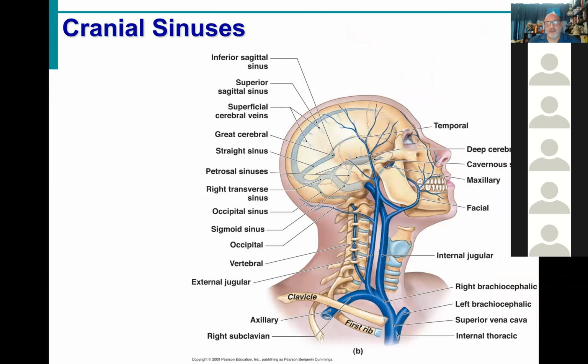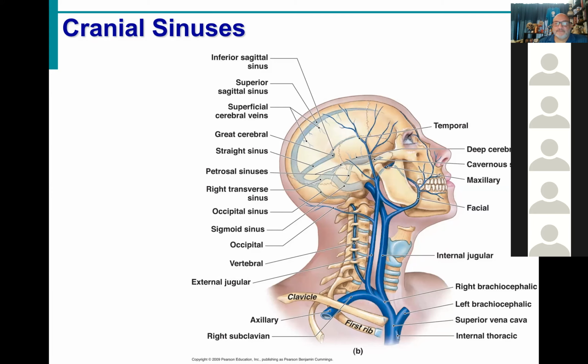One of the big areas where it's very different is here in the cranial cavity, associated with the skull. Notice here, as you look at your list, there are a massive number of big, loose sinuses, which we know are big, loose, open veins. Why might something like that be important in the cranial cavity?